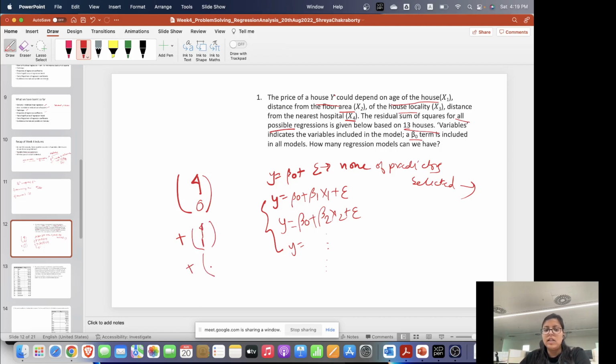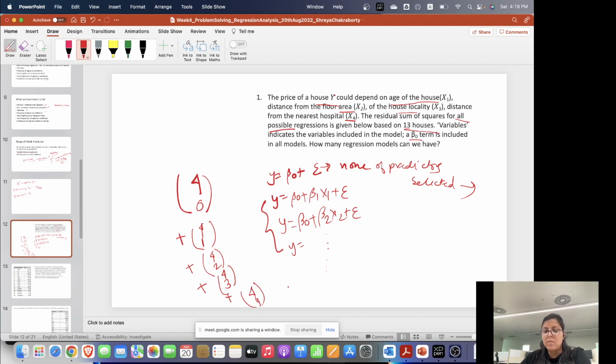Similarly, if we select 2, then we have these many regressions. And if we select 3 predictors, then we have these many. And finally, if we select all predictors and fit the model, then we have these many regression equations.